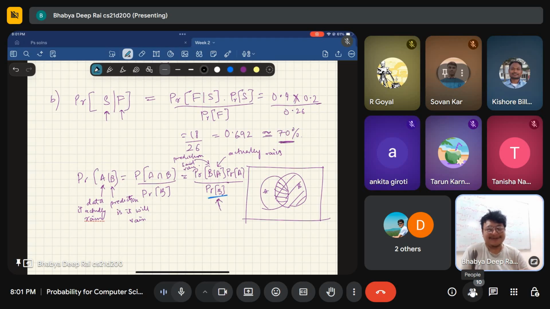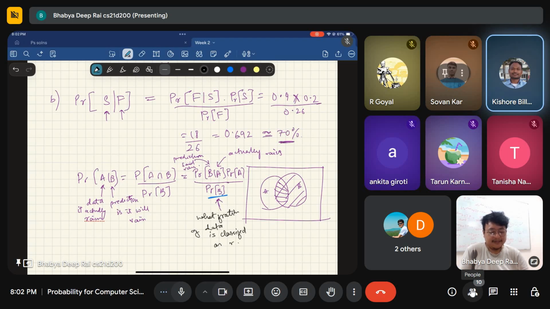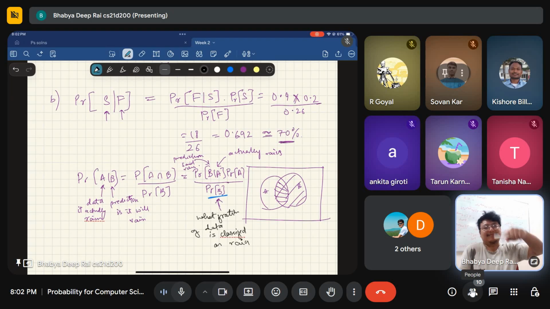ML is not my area of expertise, but probability of B is like, out of the data, what fraction of data is classified as rain. You have several parameters: precipitation, humidity, wind speed, and so on. What fraction of that is classified as rain?